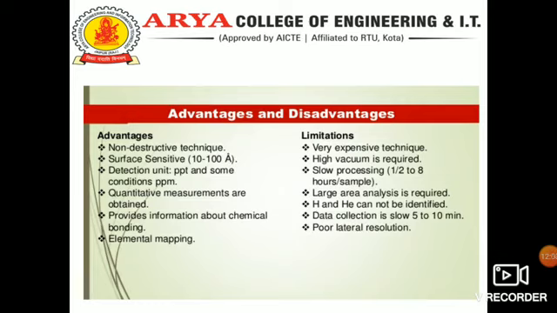And the disadvantages are very expensive, high vacuum is required, and slow processing, about half to 8 hours per sample. Large area analysis is required. Hydrogen and helium cannot be identified. Data collection is slow, which is 5 to 10 minutes, poor lateral resolution.